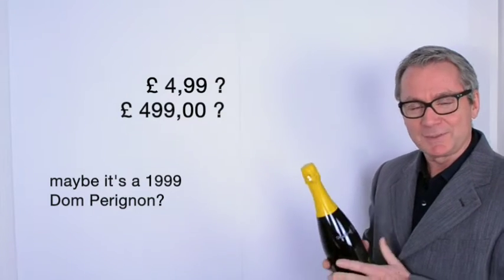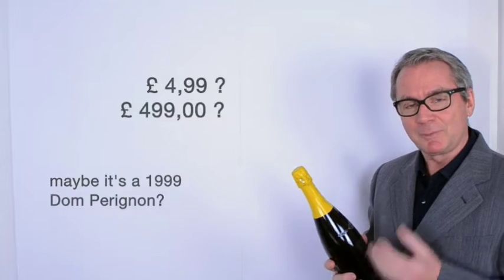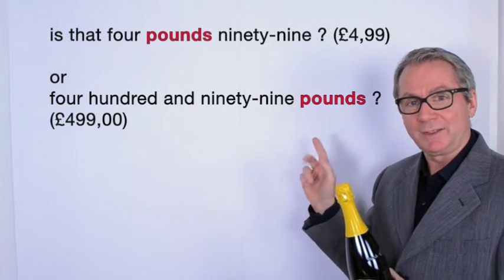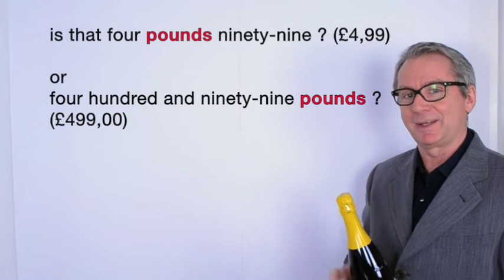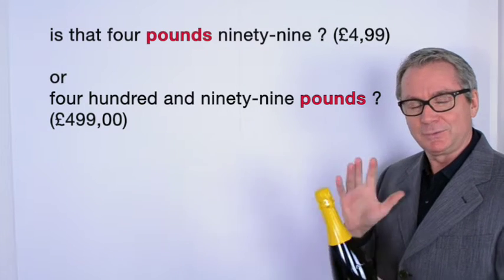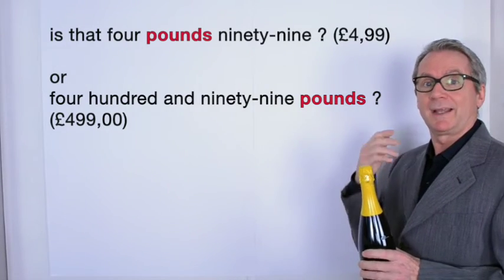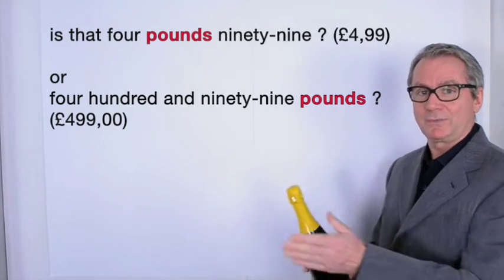It could be a vintage bottle. So you have to be very, very clear to say, now is that £4.99 or £499? You see the difference in the pronunciation. £499, the currency comes at the end.